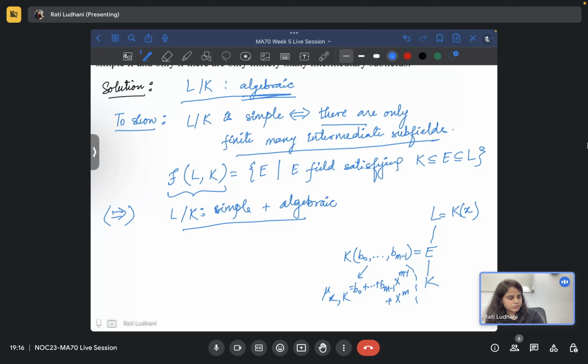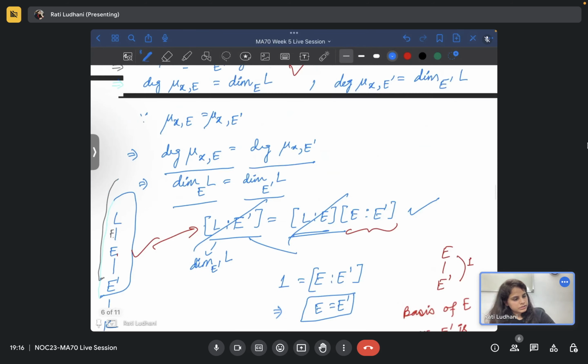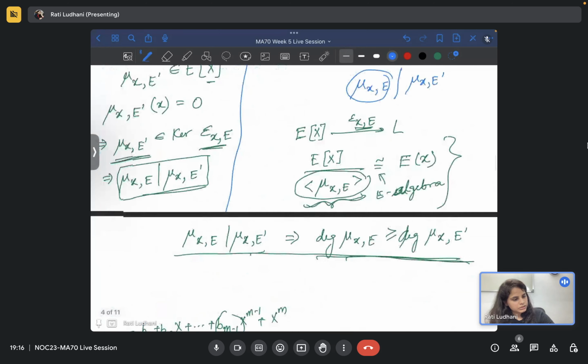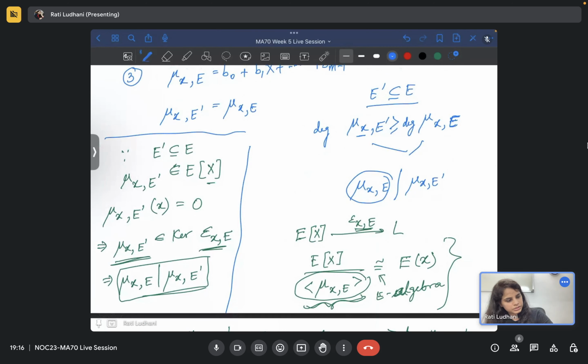So let's do it in a formal way. Let's define a set D(x), that is all the polynomials g, where g is a divisor of mu(x, K). I have not written that exactly there, but this is the condition which I proved here: if E' is contained in E, and if x is algebraic, then mu(x, E), the minimal polynomial of x in the bigger field, will divide the minimal polynomial of x in the smaller field.